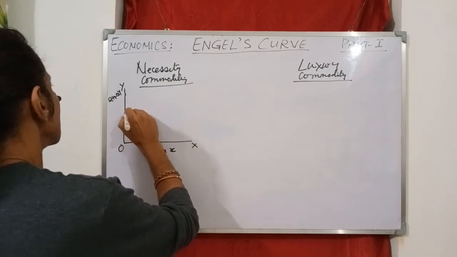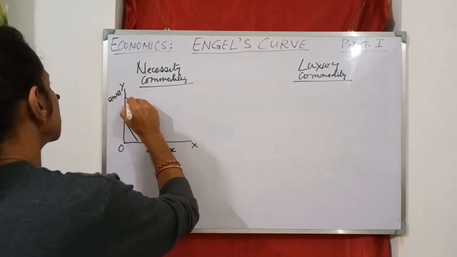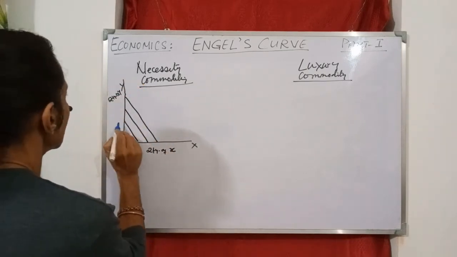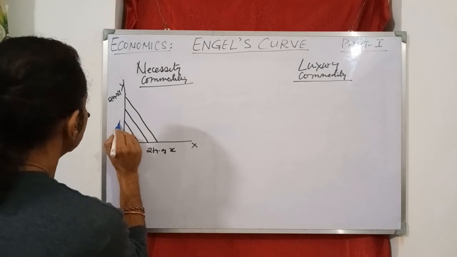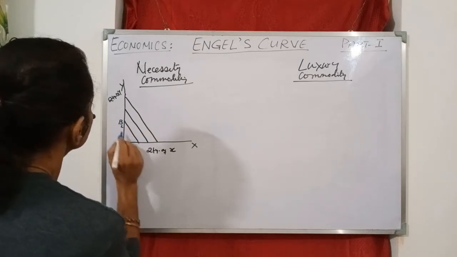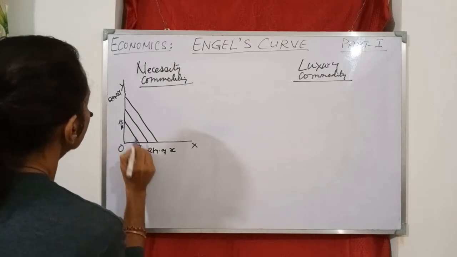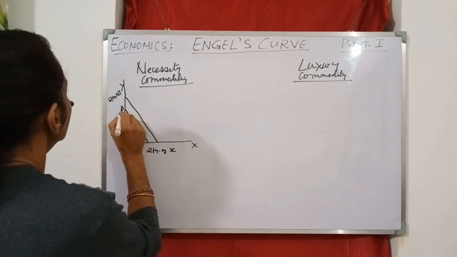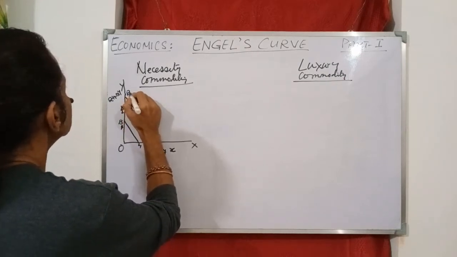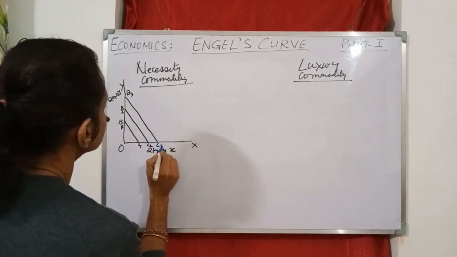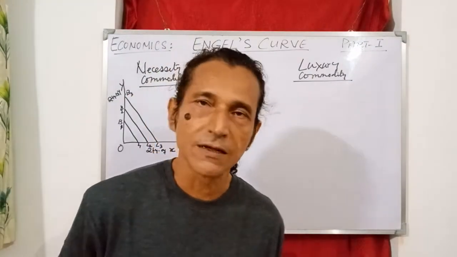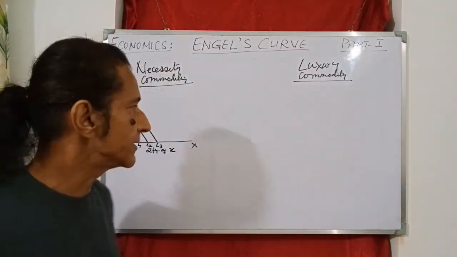Say these are the budget lines or price lines: B1, L1, B2, L2 and B3, L3 are successively higher budget lines as the income of the consumer increases.